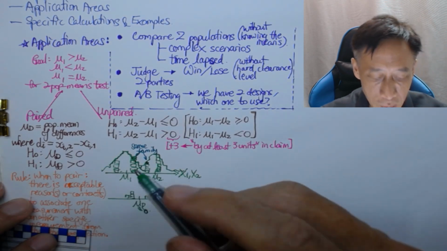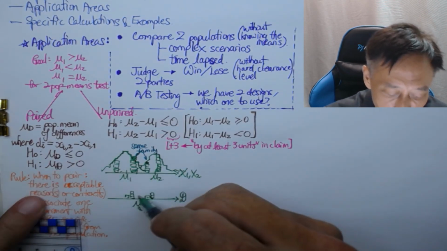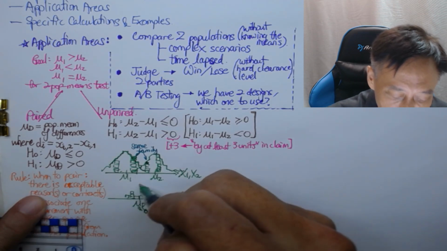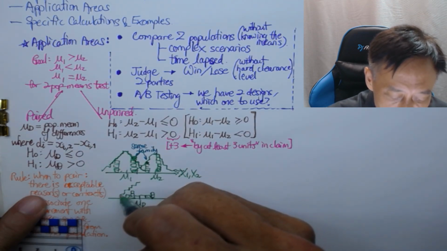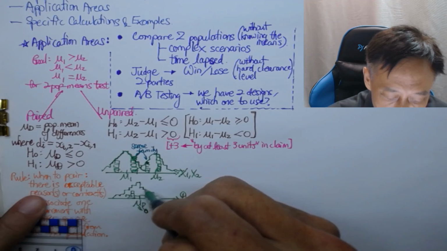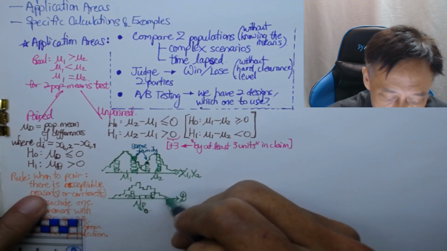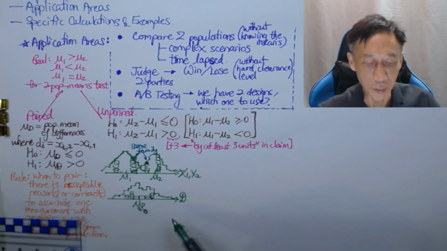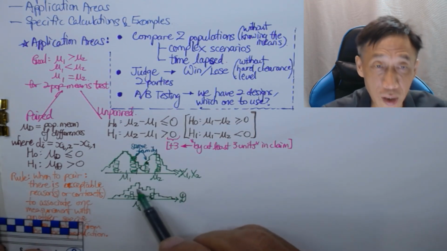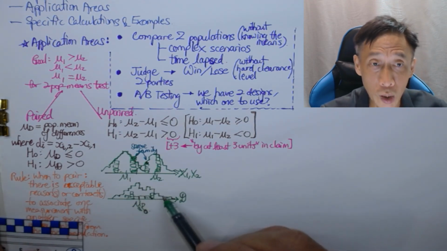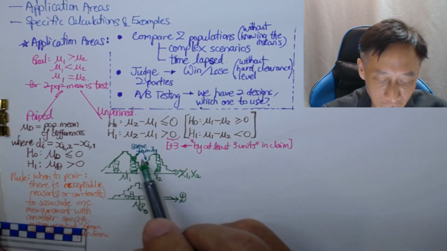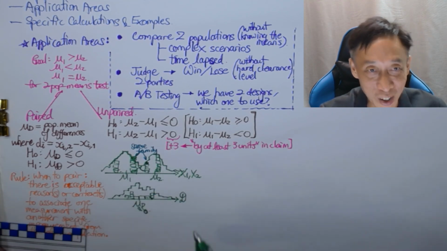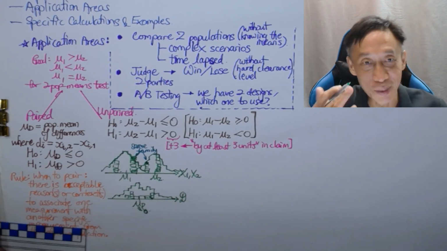Now, assuming the hypothesis of 0 is true, then we ought to get more occurrences in the middle. Something like that. Again, I'm purposely distorting it to be not so smooth, not so normal, to highlight the fact that it is these minus these, this minus this. There's no guarantee that it'll be symmetrical, nice, smooth sailing even.